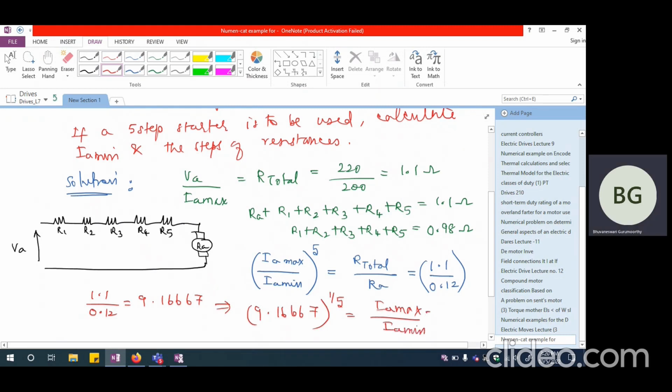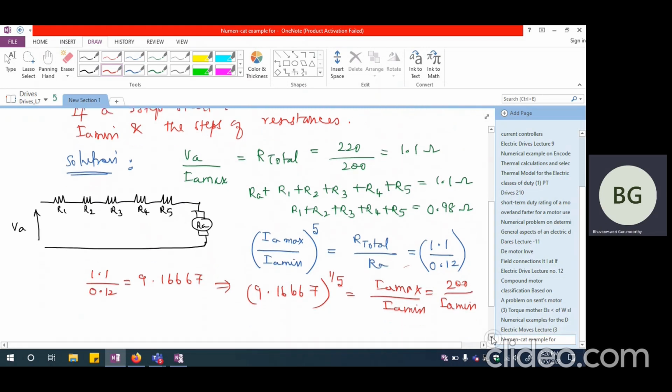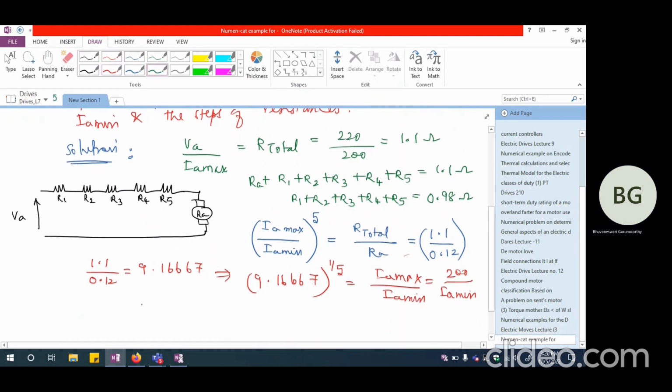And IA max is already given to be 200. So from which I should be able to calculate what is IA minimum. And IA minimum is coming out to be 128.41 ampere. So this is going to be the minimum current.